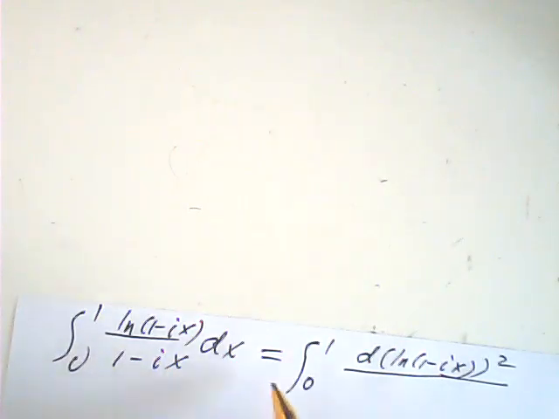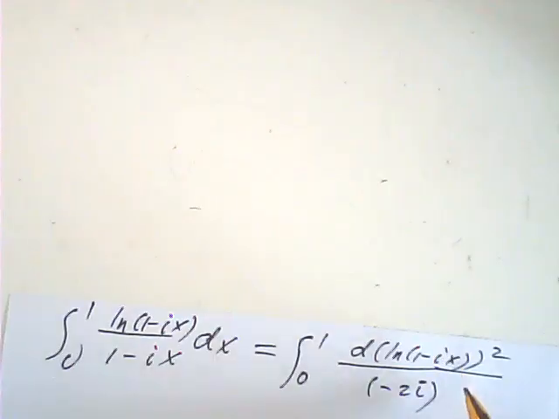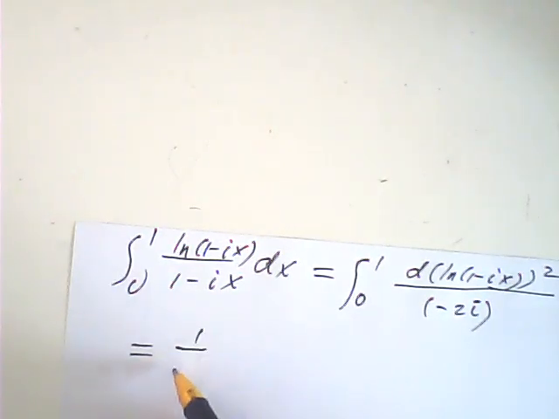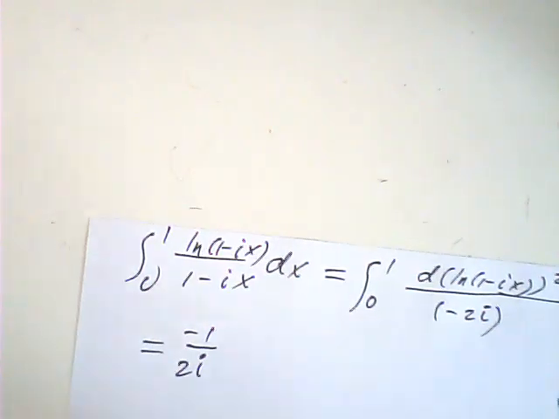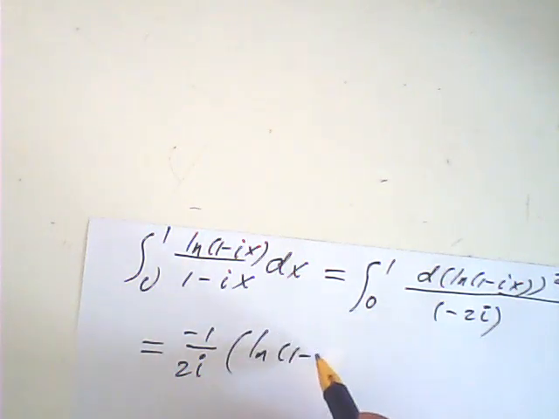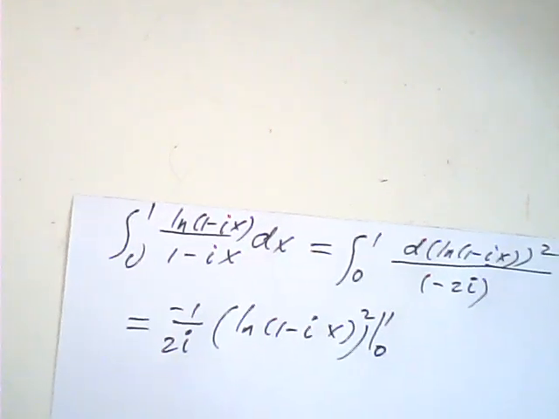When you multiply 2i at the bottom, it cancels with ix, 2 cancels 2. So this one is equal to negative 1 over 2i, natural log of (1 minus ix) squared, from 0 to 1.